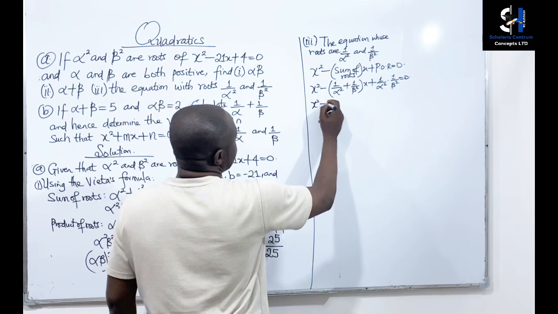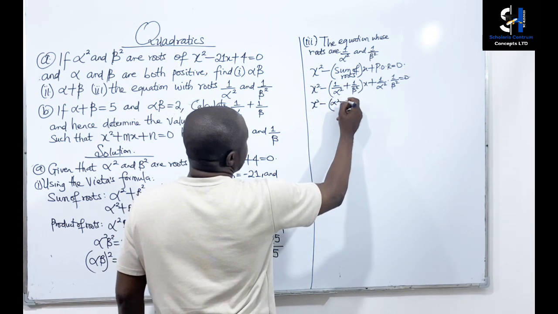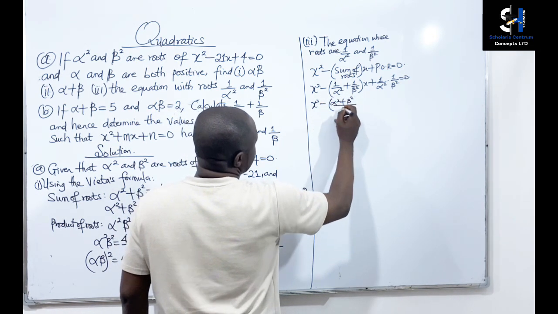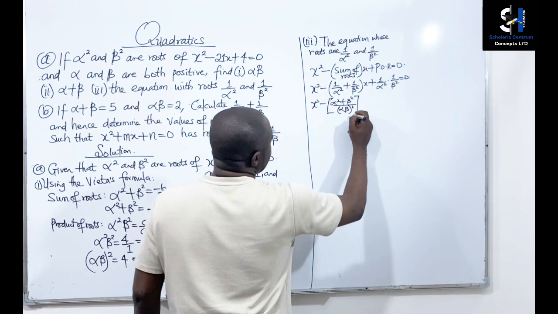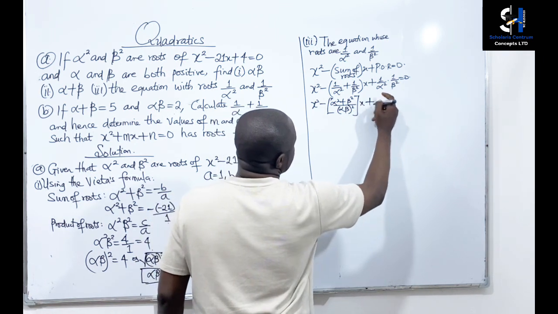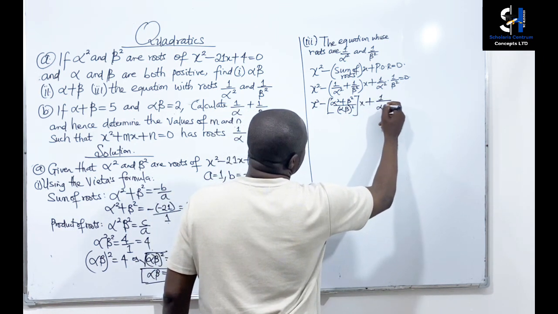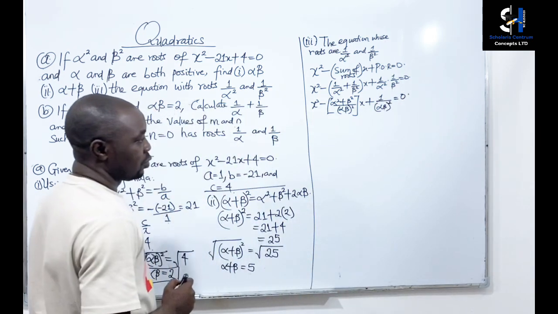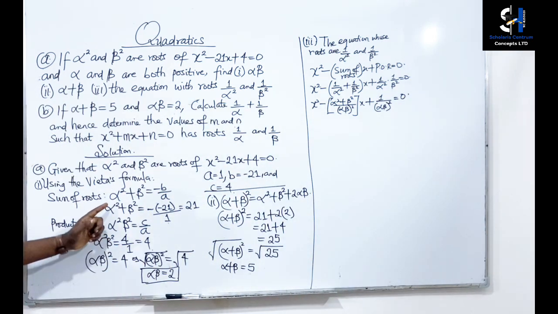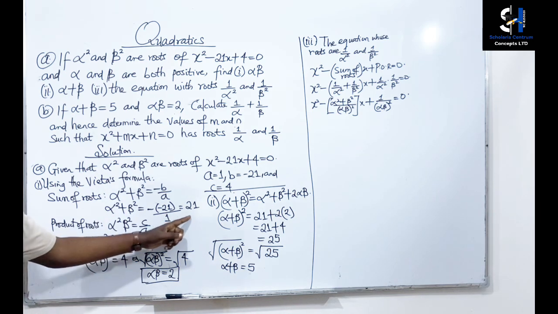So this will be x squared minus (alpha squared plus beta squared over alpha beta squared) multiplied by x, plus 1 over alpha beta raised to the power of 2, equals 0. Now, we know that alpha squared plus beta squared is 21.